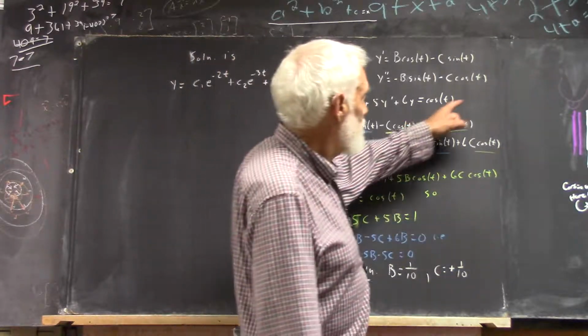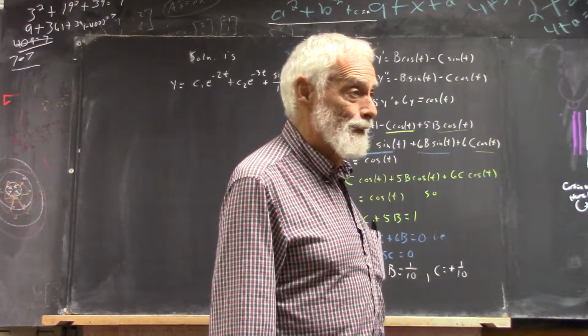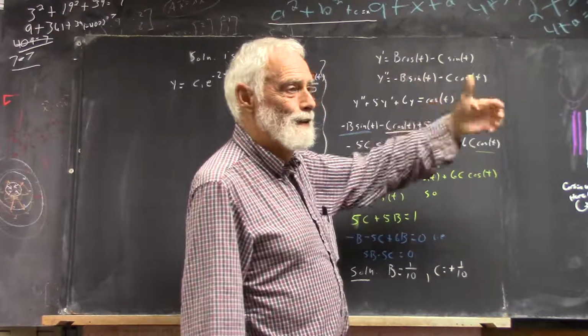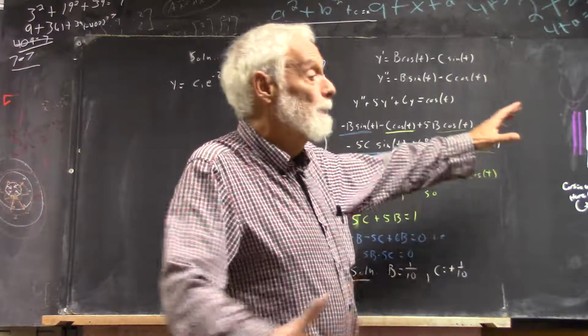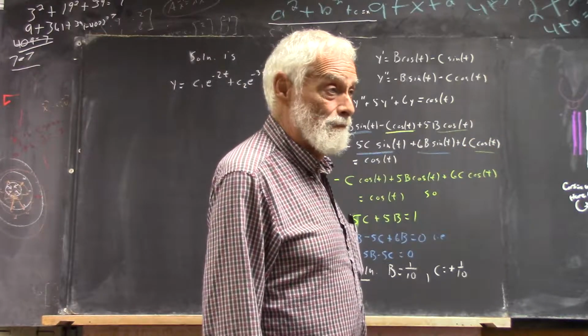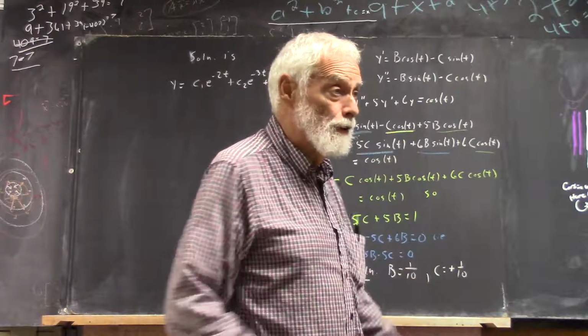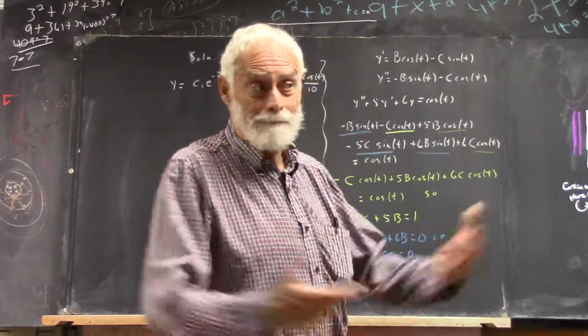Now, if it was cosine t plus e to the 7t, then you would have to use a sine and a cosine and an e to the 7t in your trial solution. But it would all separate out. What you get for the e to the 7t doesn't care about the sine and the cosine, nor do the sine and the cosine care about the e to the 7t.